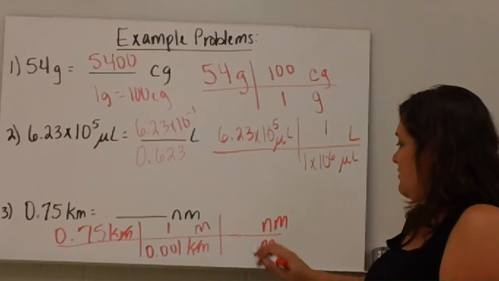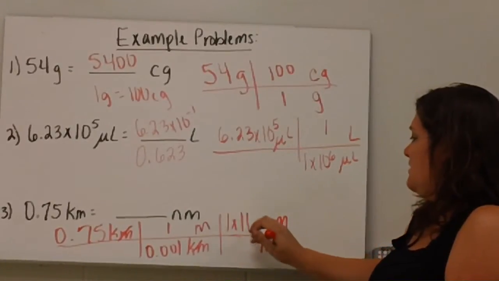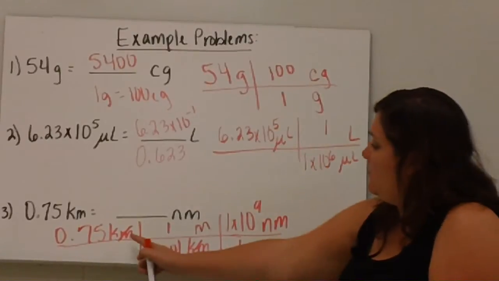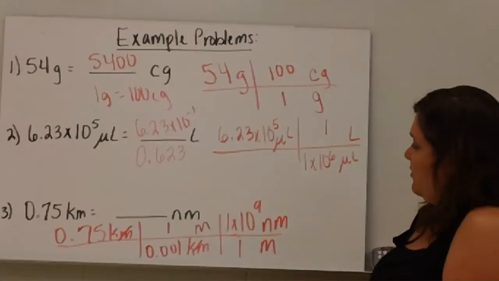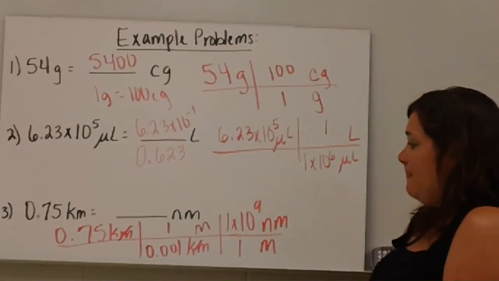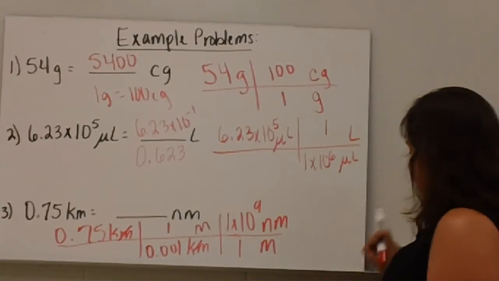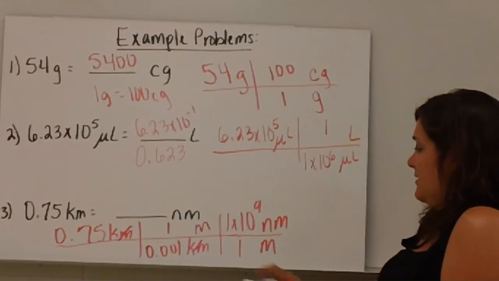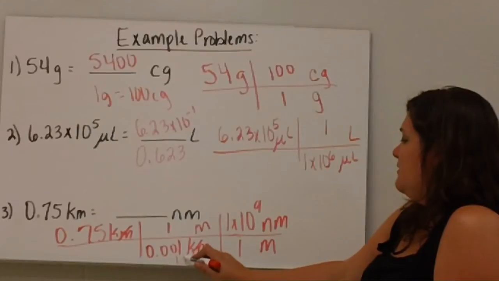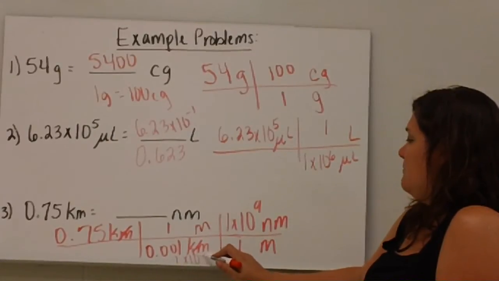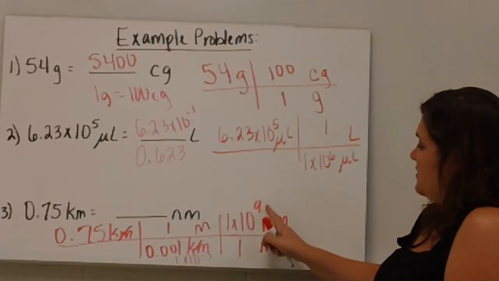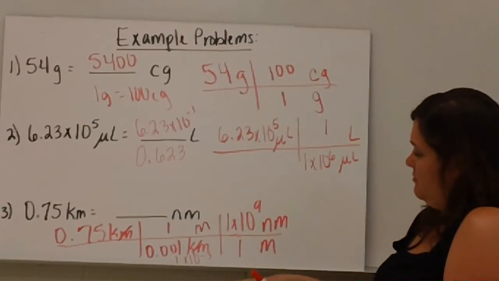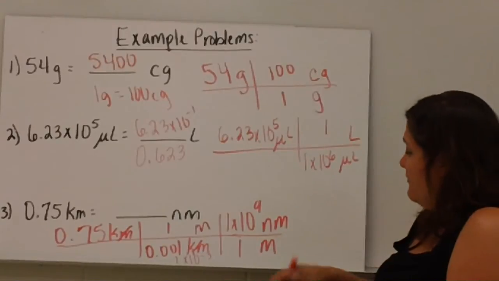So again, how are those equal? Nano is 1 times 10 to the 9th, and meter is 1. So again, multiply across the top and divide by what's on the bottom. You can plug that into your calculator, or you could do it in your head, because this is the same as 1 times 10 to the minus 3. So 10 to the 9th minus a minus 3 would be plus a 3. So 9 plus 3 is 12.